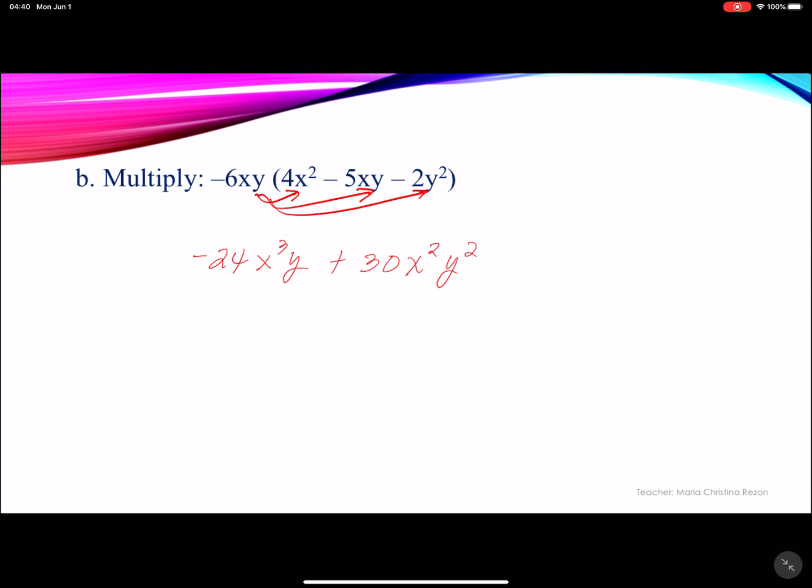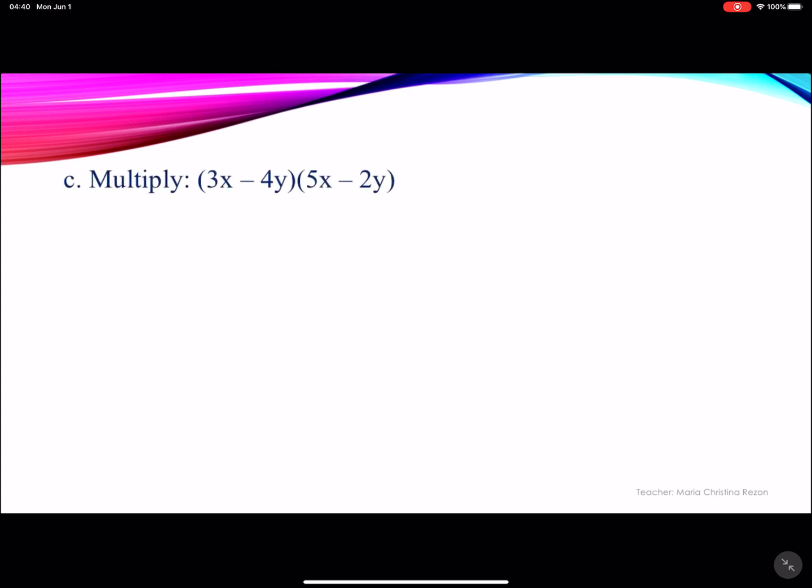And then negative 6xy times negative 2y squared, so you will have 12xy cubed. Can you combine some of the terms? You cannot, because they have different variables and different exponents.